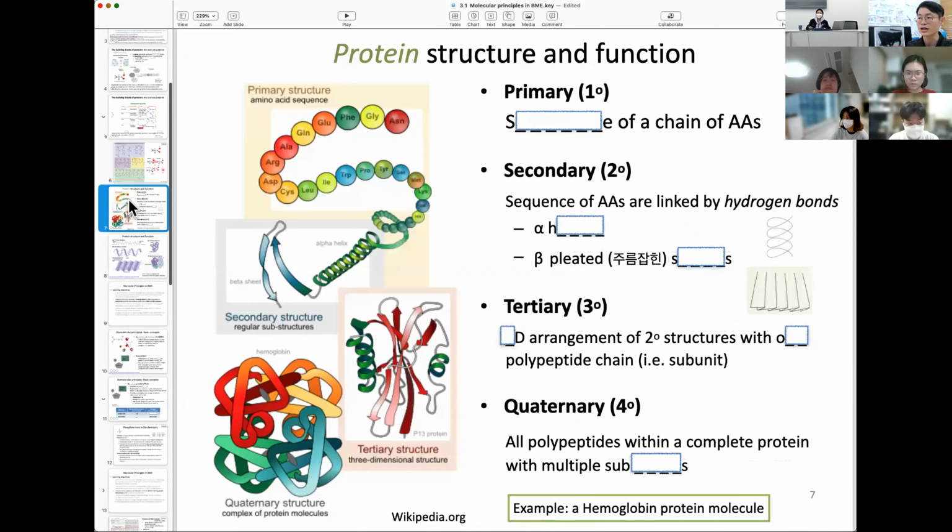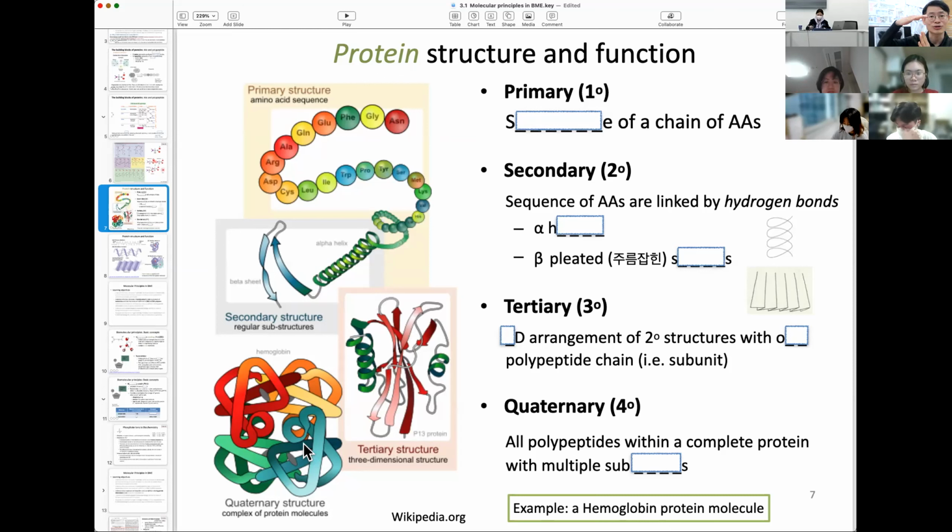All right, so the next is probably one of the most important, like we ask a lot about this, especially in entrance exams. So protein structure and function starts from a single amino acid as a basic element, making a polypeptide chain, and somehow in the end we get this nice three-dimensional functional unit of structure.